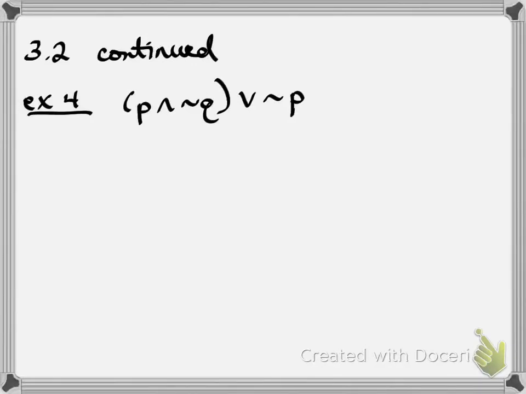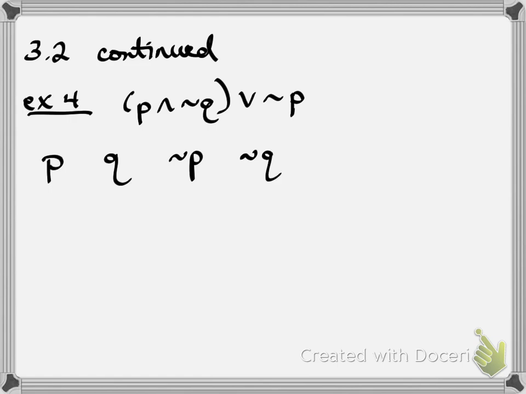Hi, we're going to do one more truth table with 2 variables, and then our next example will have 3. So to set up this truth table, we realize we have P's and Q's. Please try to do P first and then Q. And then we have negation of P and negation of Q both in there, so we'll put those in that order also.